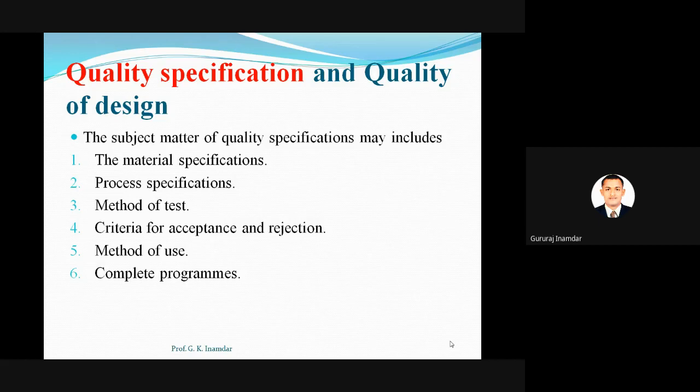Process specification: which process do you have to use? For example, in many industries, if you consider the design department, manual design is required, because of the accuracy. Suppose there is a small scale industry and it does not have the capacity to buy different design software. Sometimes manual design is also required.